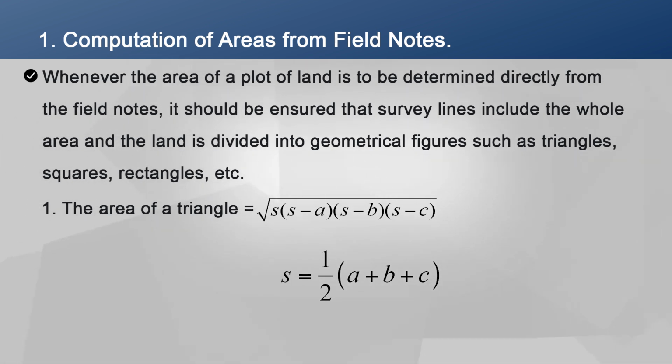Meaning the area which is enclosed by the survey lines will be in the shape of a polygon. This area of the land is divided into geometrical figures such as triangles, squares, rectangles, etc. In case of triangles, base and height of the triangle should also be measured in the field.